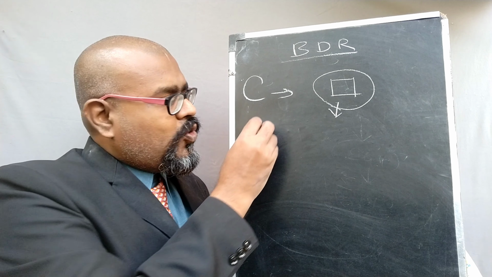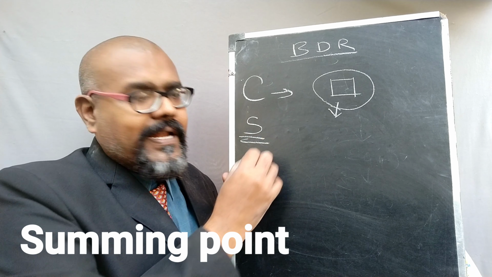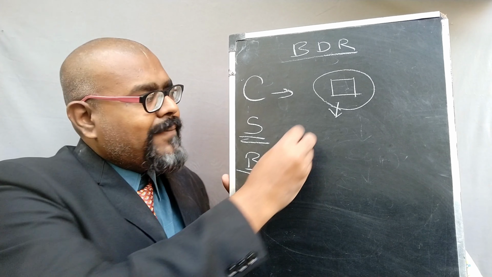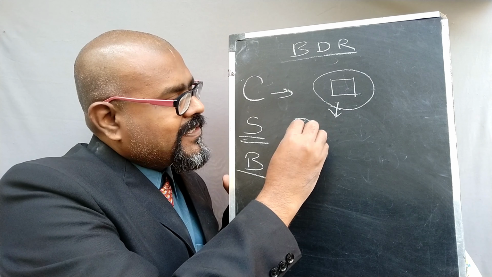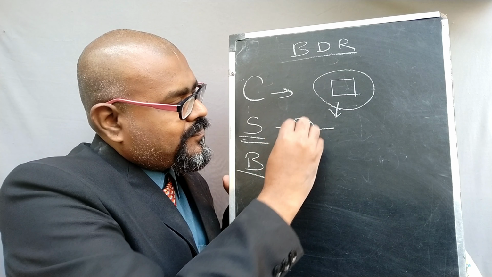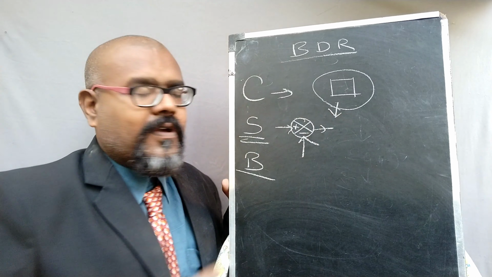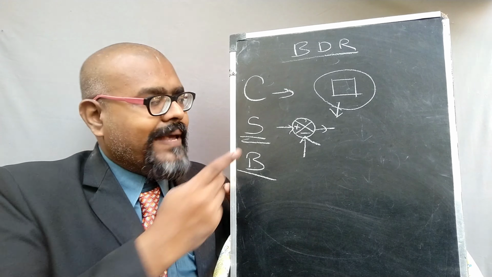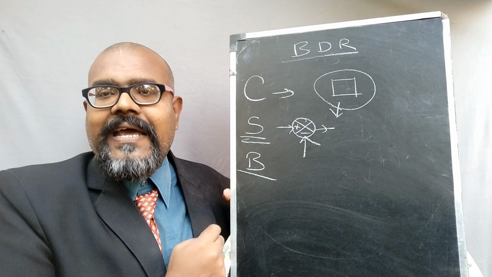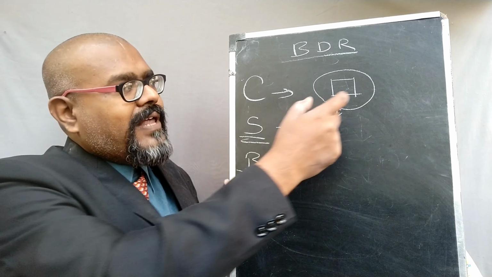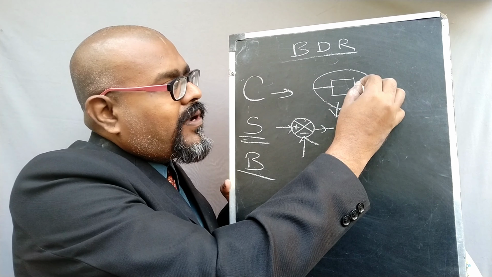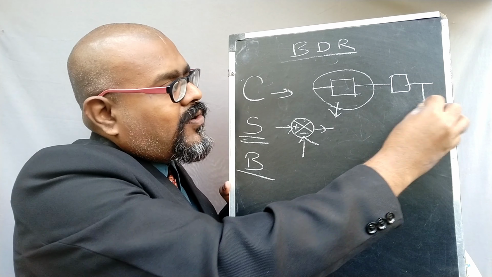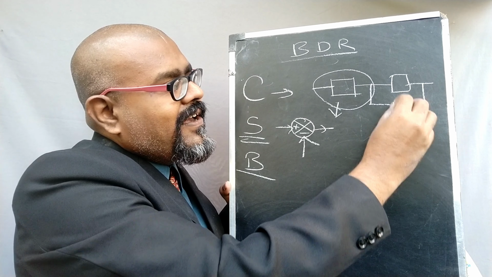You need to note the two main important things, that is summing point and branch point. The summing point is represented in a picture like this. If you want to add any elements or signals, you can use the summing point in the block diagram representation. Of course, we know that blocks have input and output. If you want to frame a loop, then this is considered the feedback path.